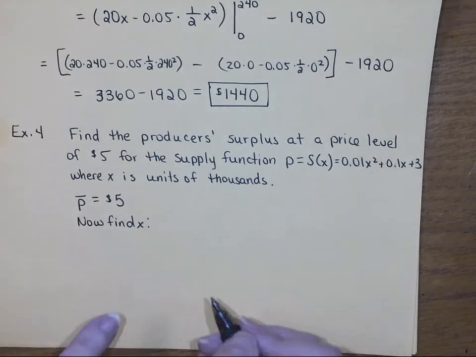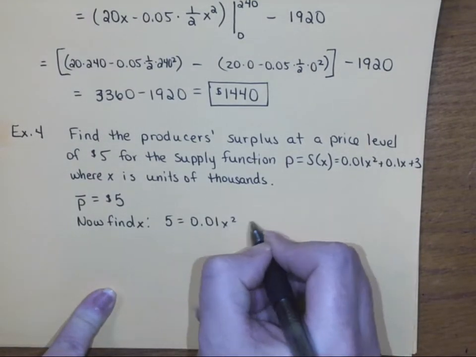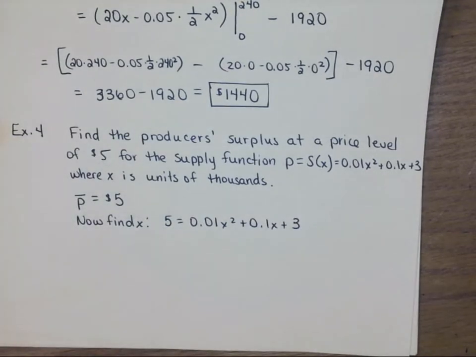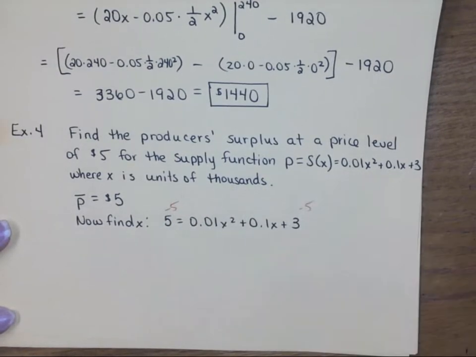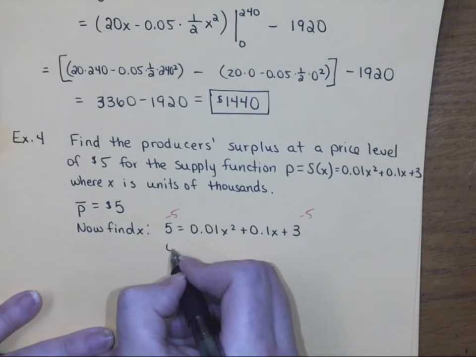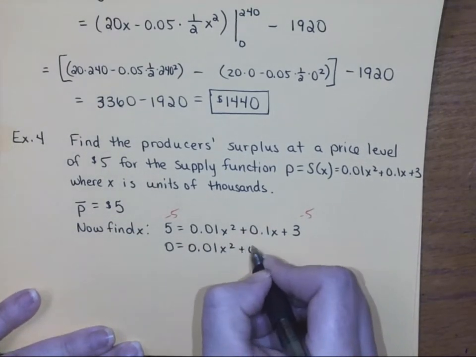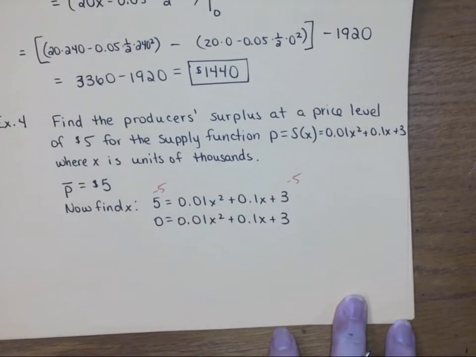Okay, so we have an equation that's equal to P. So we're going to say 5 equals 0.01x squared plus 0.1x plus 3. So bear with me here. We have a squared equation. We need to find out what x is, so we're going to set it equal to 0. Okay, so there's a couple of things.